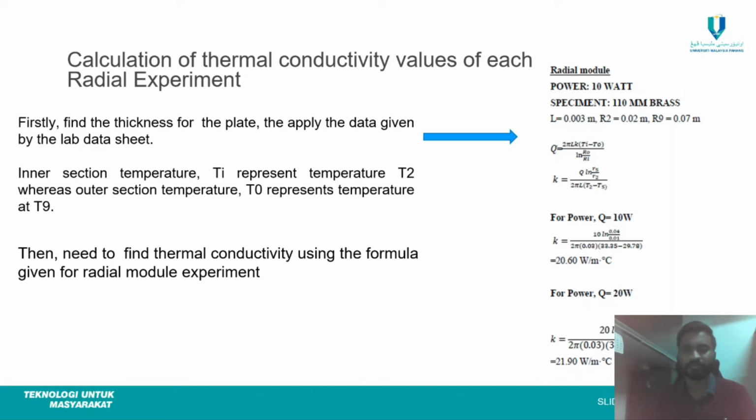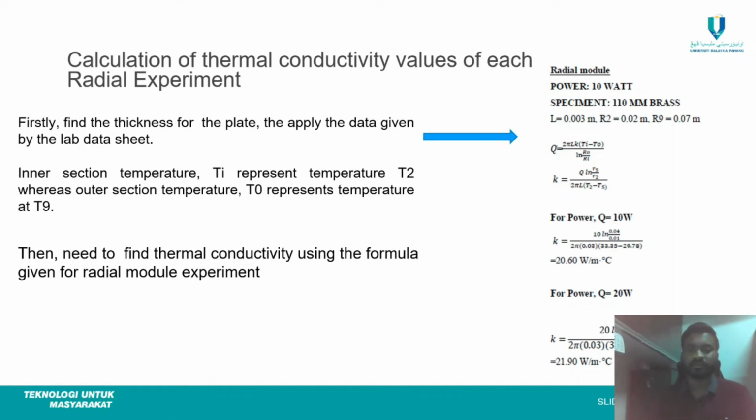So the formula is Q equals 2 pi L, thickness, K, thermal conductivity, times the bracket T1 minus T0, divided by ln R0 over R7. T1 represents the temperature at T2, whereas the outer temperature T0 represents the temperature at point T7.